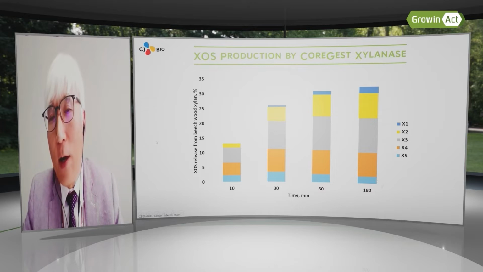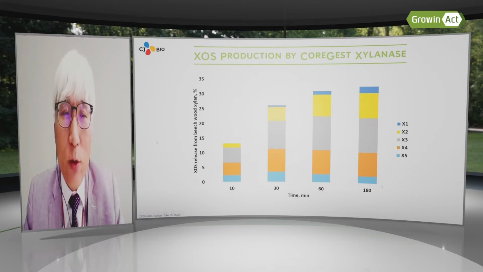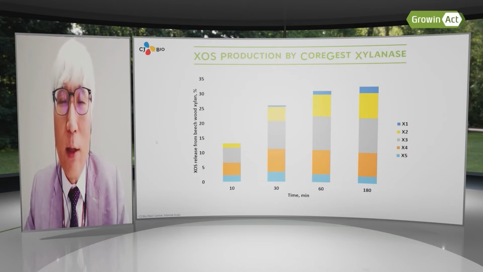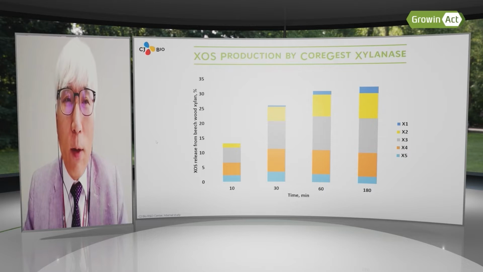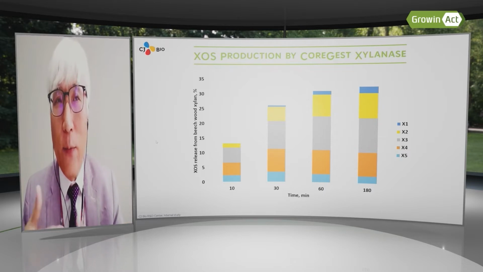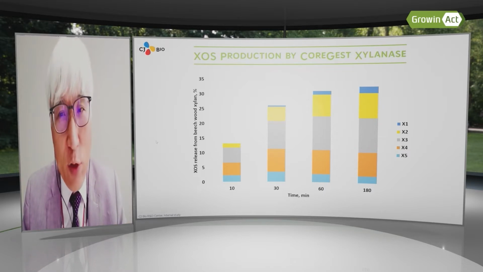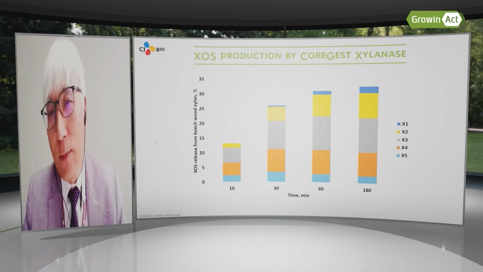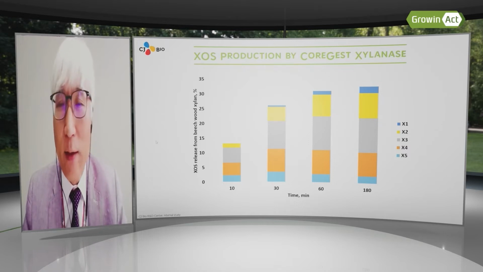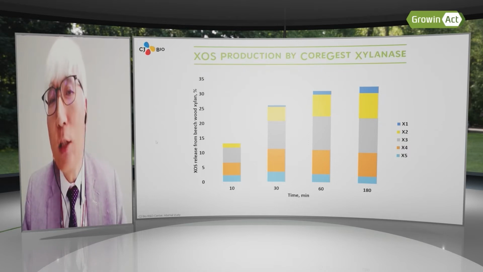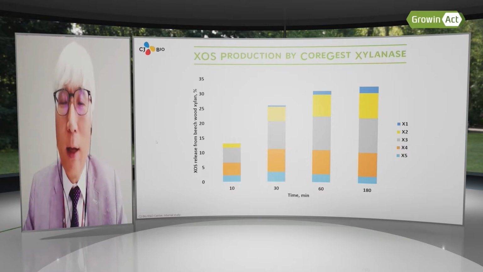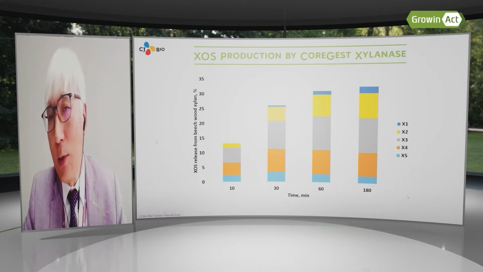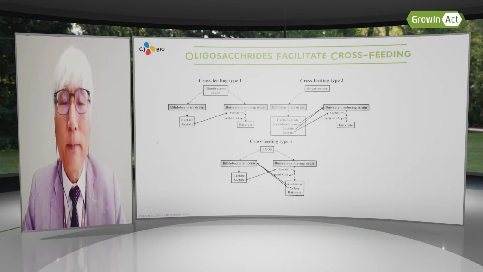These X2 to X5 are very valuable short-chain xylo-oligosaccharides that really stimulate fiber-fermenting microbial activity in the gastrointestinal tract. So looking at the ability of the enzyme that you have chosen, and what it can actually produce in vivo by hydrolyzing long-chain fiber into short-chain prebiotics in the gut, is one of the key factors you have to consider when choosing a non-starch polysaccharide hydrolyzing enzyme.